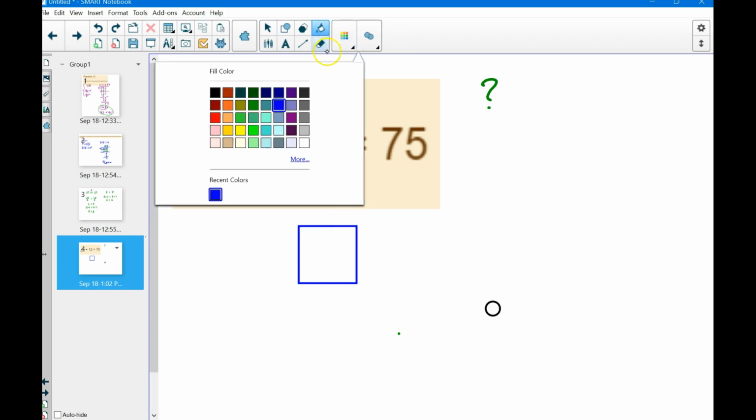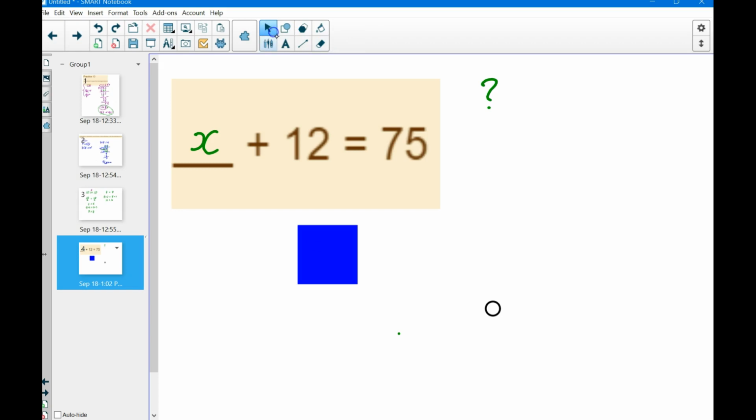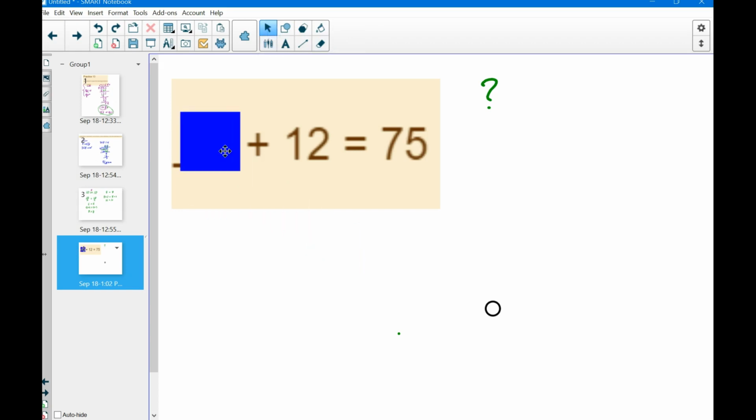Oops. Haha, now it's gone. All right, what we know now, because I'm cheating a little bit, tricking you guys, is there's a blank spot. What goes in the blank spot? That's what we're trying to figure out. In the blue square, what goes in there?